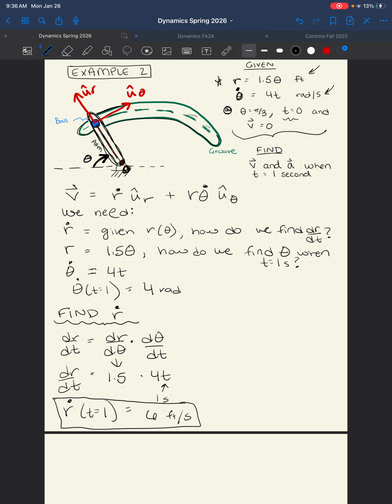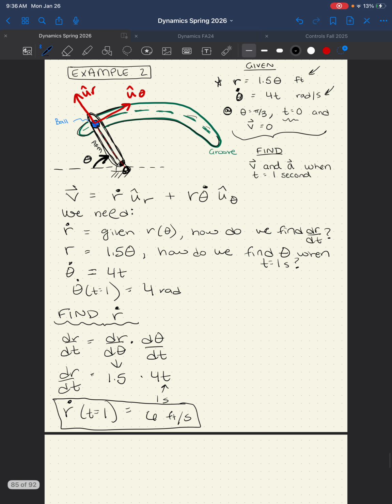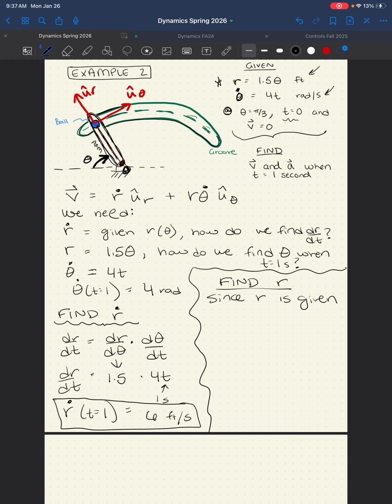Alrighty. Now let's try to find r. I'm just going to use this extra space here. So since r is given in terms of theta, we need to find theta in terms of t, so that we can plug in t equals 1 second and find out what theta is.